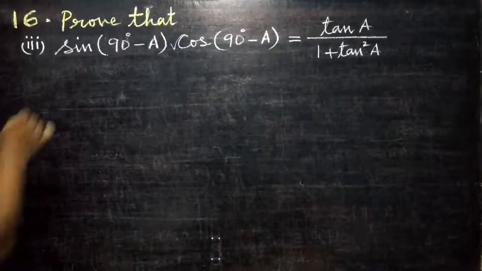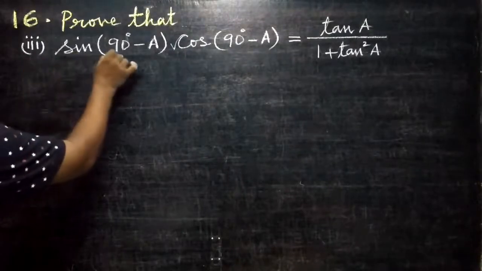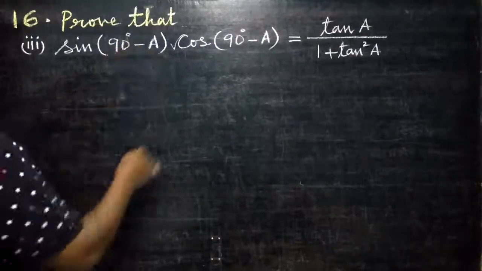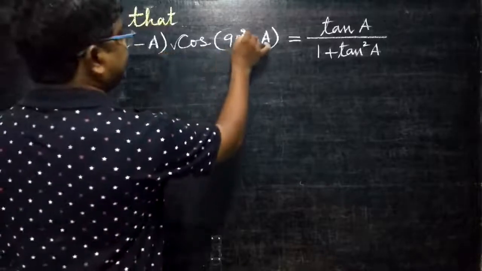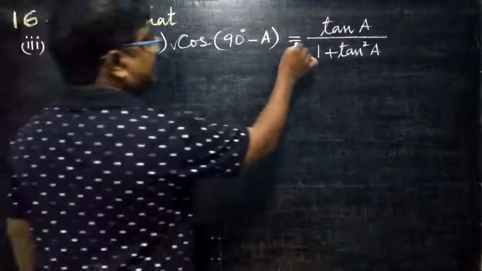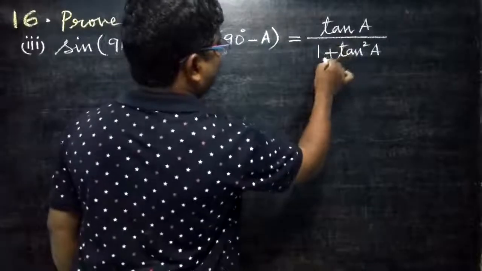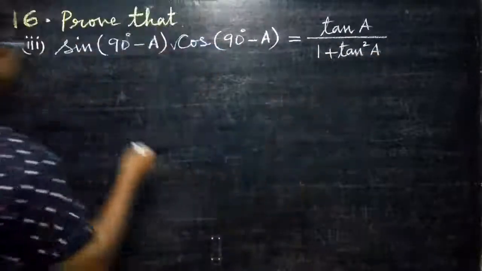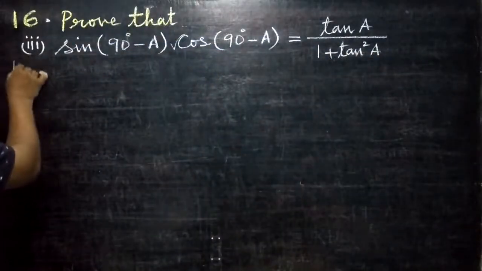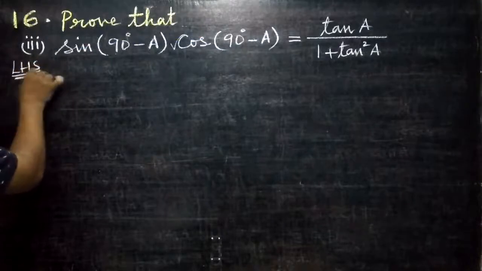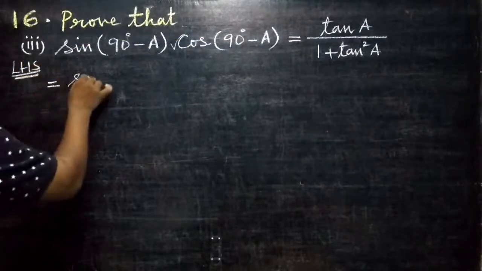16th problem, third bit. Sin(90 degrees minus A) into cos(90 degrees minus A) should be equal to tan A by 1 plus tan square A. They told us to prove that. So take LHS first. What is LHS?